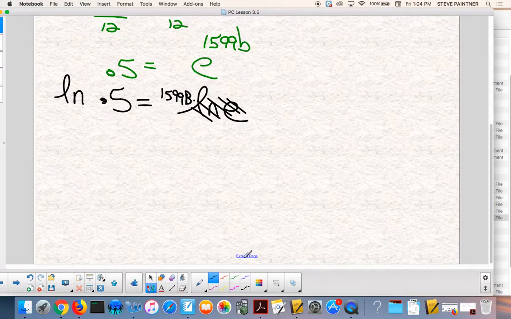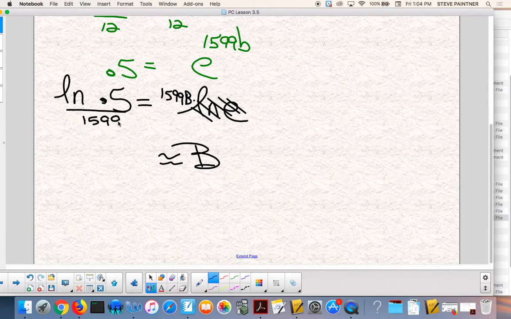Divide by 1599. Negative 4.335 times 10 to the negative 4th. 10 to the negative 4th means move it backwards 4. 0.0003.